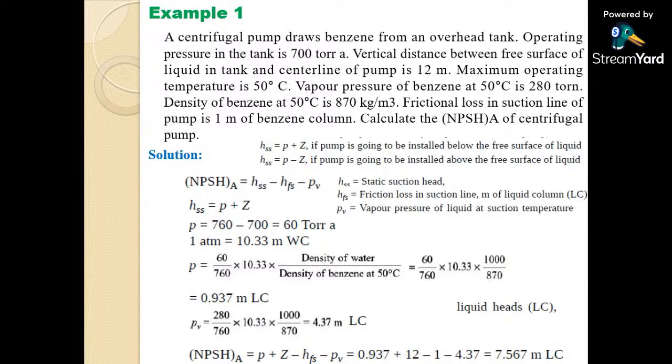And for PV, how much liquid column? 4 point 37 meter of liquid column. So each and every quantity is now in meter of liquid column.